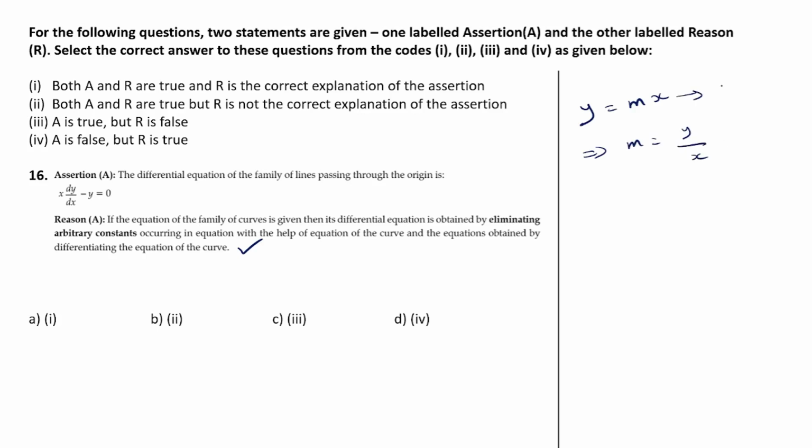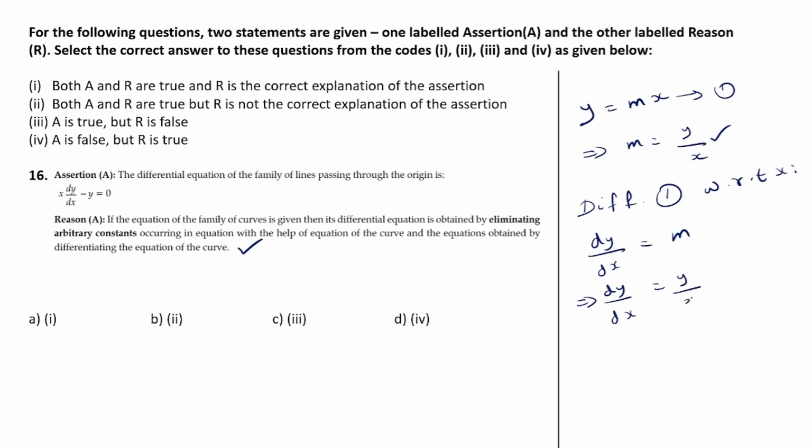Now let us differentiate this with respect to x. Differentiating 1 with respect to x, we get dy by dx equal to m. But m we have obtained as y by x. So from this we get dy by dx equal to y by x.